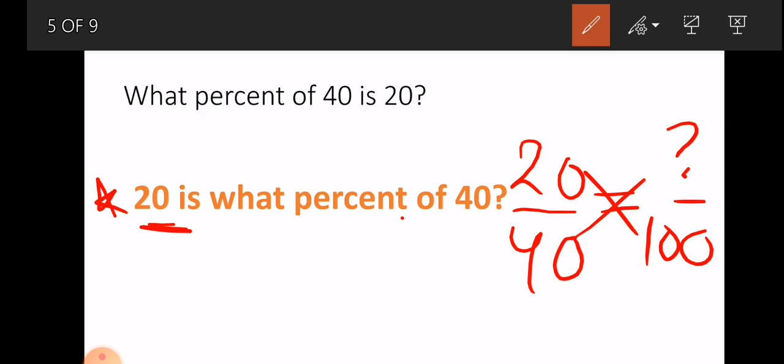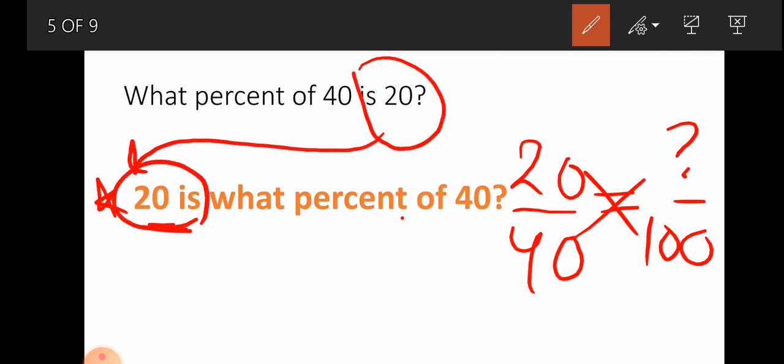Cross multiplication. So you have to wait for the question. They just took this part and put it at the beginning. What percent of 40 is 20? It's the same as saying 20 is what percent of 40.